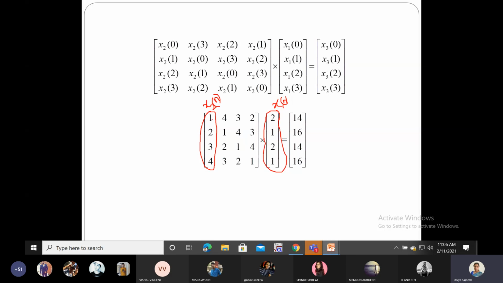Now you are shifting it by one position. So 4 will come first, and the remaining 1, 2, 3 will shift down. In the next case, 3 will come first, then 4, 1, 2 will shift downwards. Next, 2 will come first, then 3, 4, 1 will shift down.